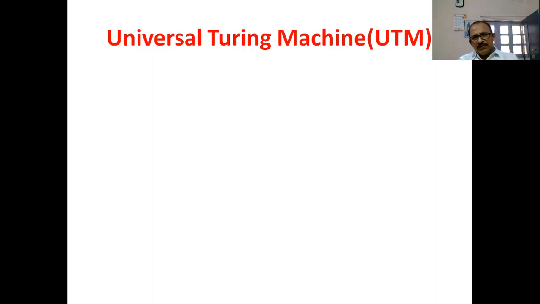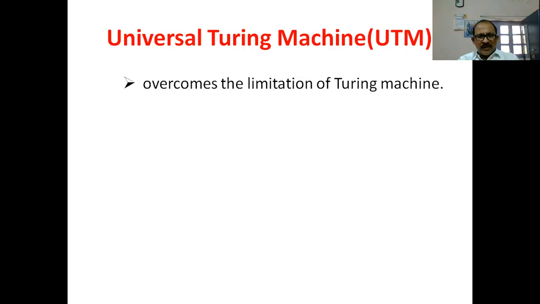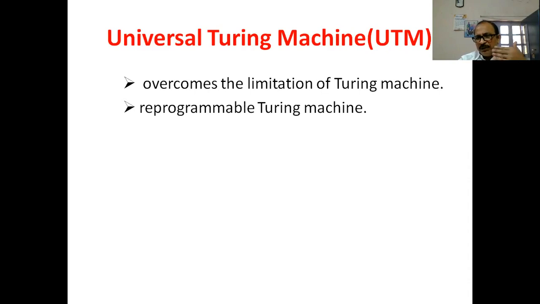The Universal Turing machine overcomes this limitation of the Turing machine. It is a reprogrammable Turing machine. It means a Universal Turing machine can be programmed to perform many different operations like a digital computer.